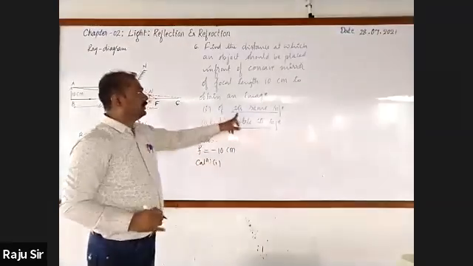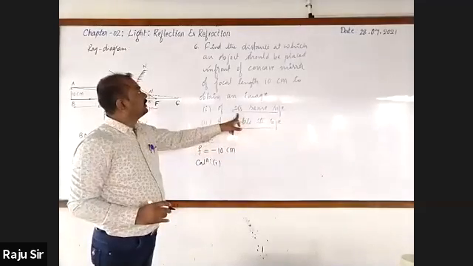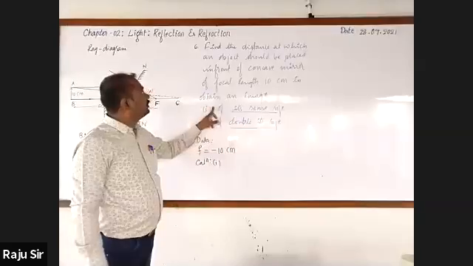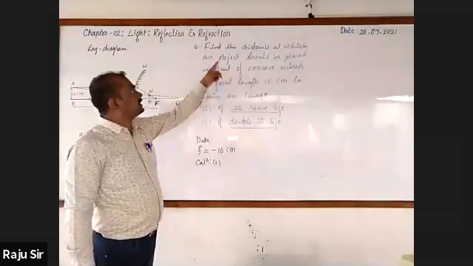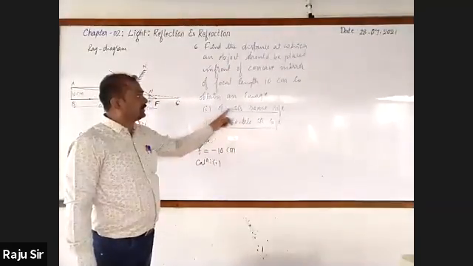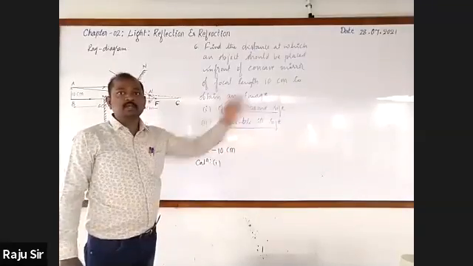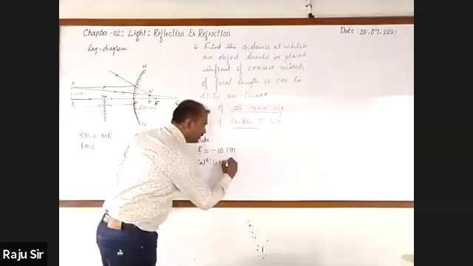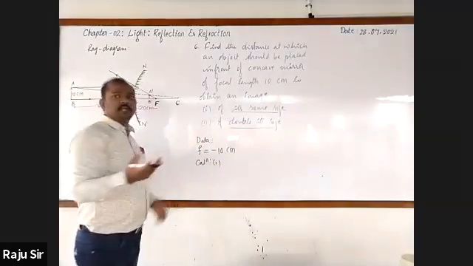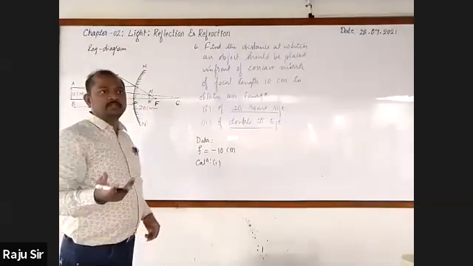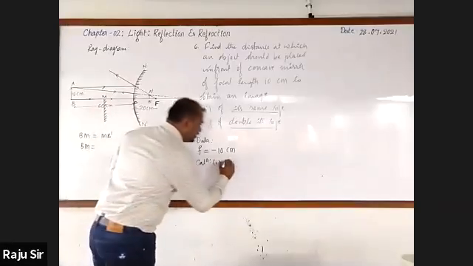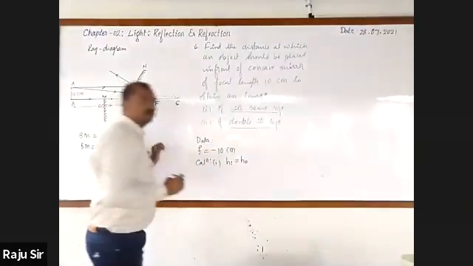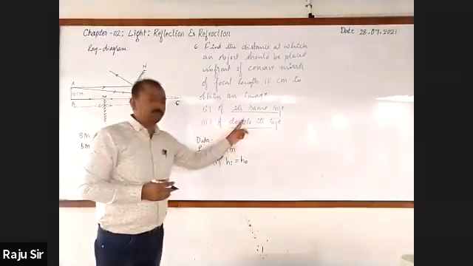First one. Look here, we have to find out the distance at which the object should be placed to get an image whose size is equal to the size of the object. That means, what should I write here? Size is nothing but the height of the object and the height of the image. So by magnification, the height of the image and the height of the object both are equal, according to the first condition.